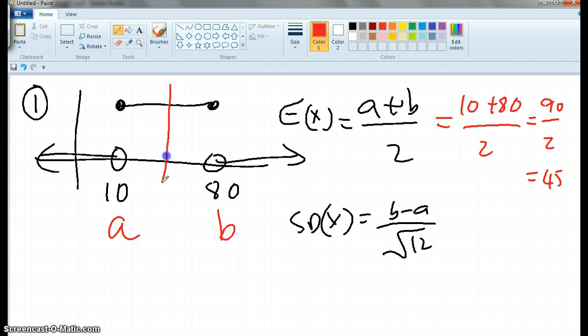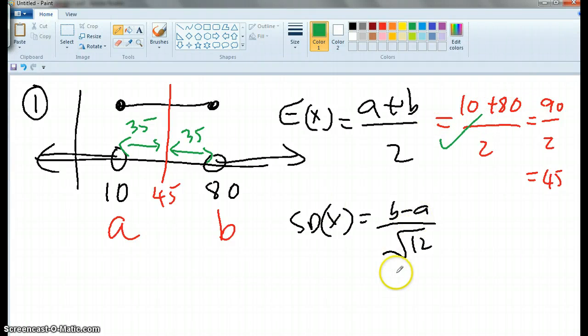So does that make sense that the mean is 45? What's the difference between 10 and 45? And the difference between 45 and 80? Okay, so it's smack bang in the middle. There's no rocket science involved there. Okay, so we've done that one.